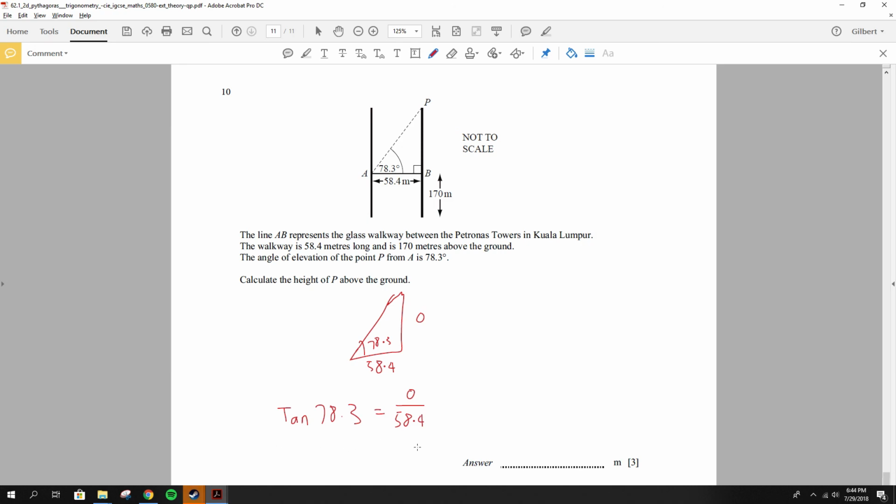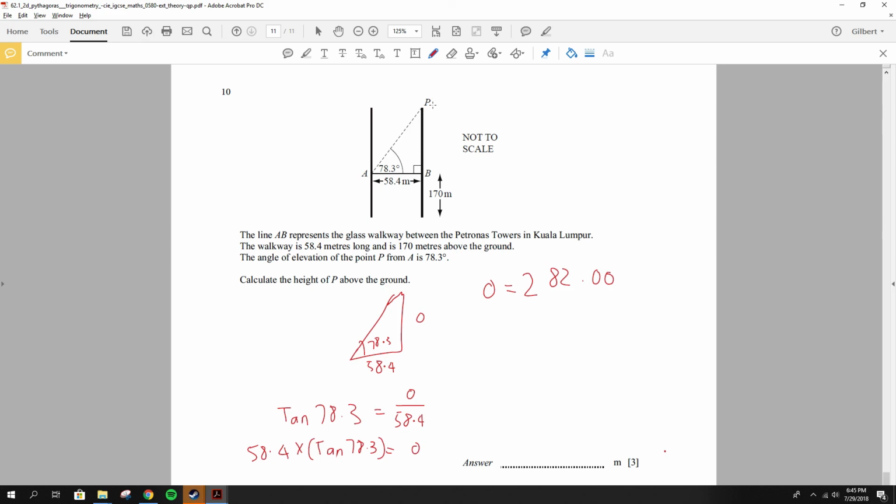So therefore opposite equals, bring this over to multiply, 58.4 times tangent 78.3. Opposite is equal to 282.00.